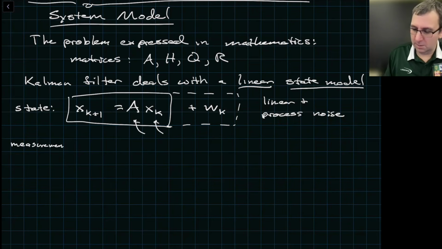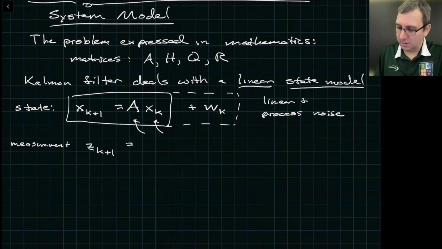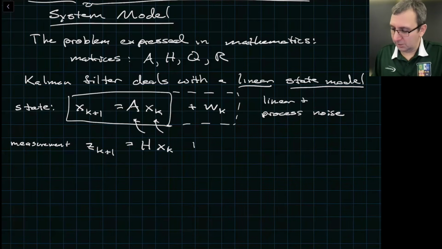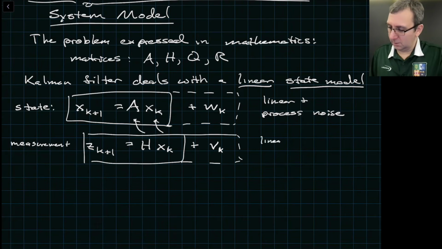The measurement, z_{k+1} equals H. So this is where H shows up. It's just the matrix H times the previous state plus v_k, which is the measurement noise. Linear plus measurement noise.